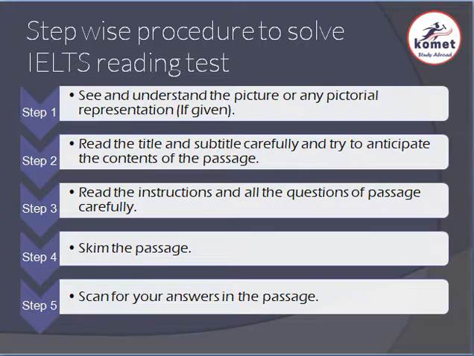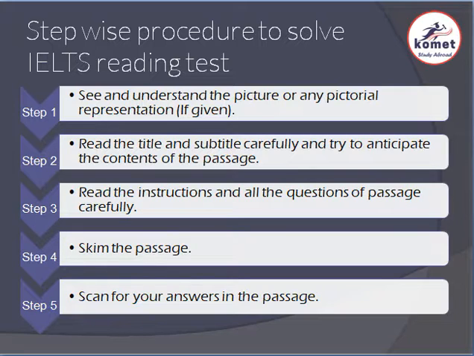And in the last step, you have to scan for your answer. Scanning is a process where you read a question and then try to answer that particular question. For example, suppose they ask questions regarding an event that happened in 1950. Once you have skimmed, you will know that somewhere you have seen 1950, and then you try to correlate it.